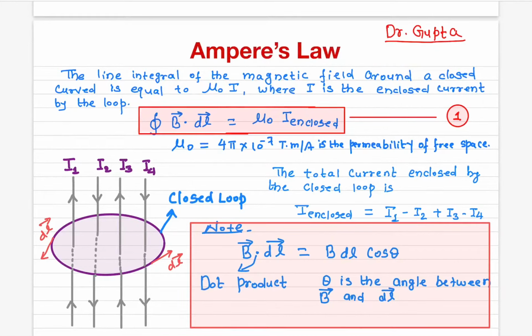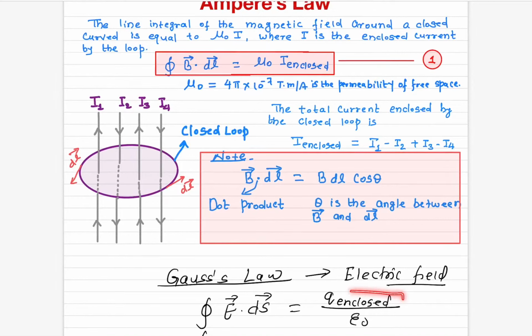So what is Ampere's law? Ampere's law tells you that if I take the line integral of the magnetic field around a closed curve, it is equal to mu naught, which is a constant, times I enclosed. So you see there is quite a similarity here.